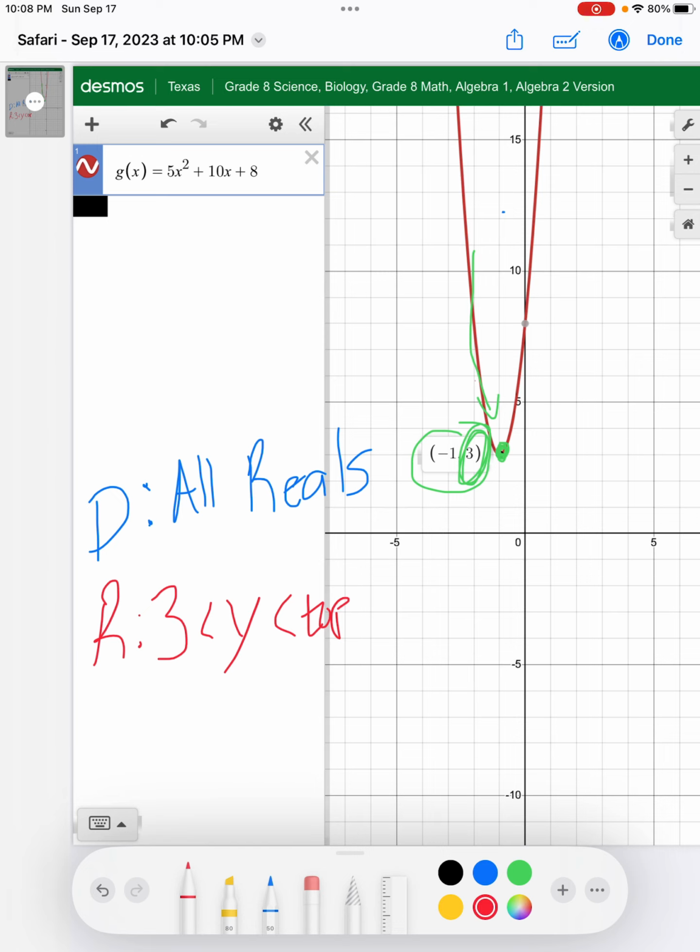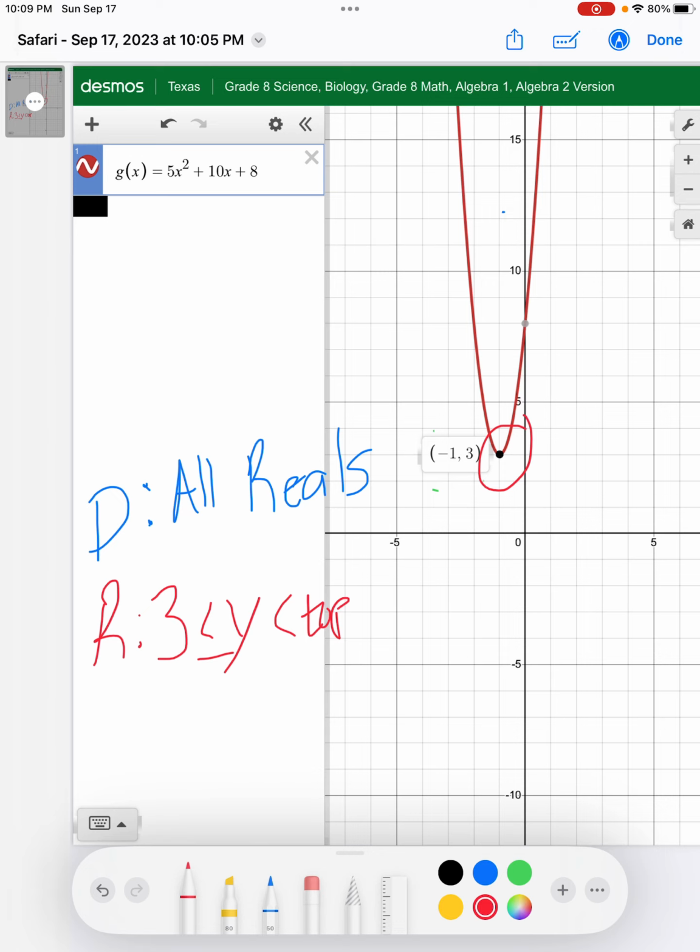Well, did Desmos use a bold line or a dashed line? It used a bold line, right? So that coordinate point is filled in. And you'll notice, too, that if I erase everything I wrote, once you select the point, it's also filled in, right? So you can say, well, the point that Desmos put on there is also filled in. So a filled in point means equals to.